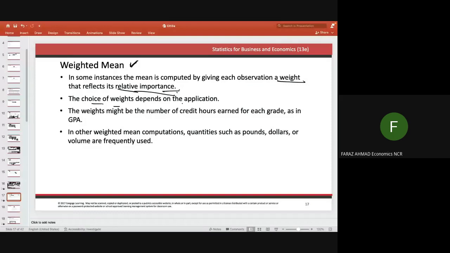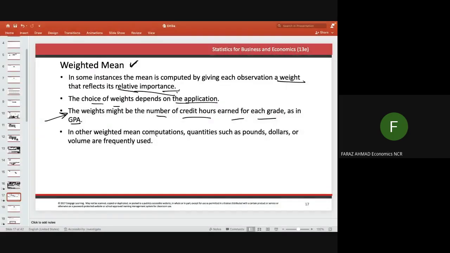Weights might be the number of credit hours earned for each grade, as in GPA. So it's a classic example of weights. I'll take this example to explain because you will understand this better. And you can have quantities like pounds, dollars, or volume to be used as weight.